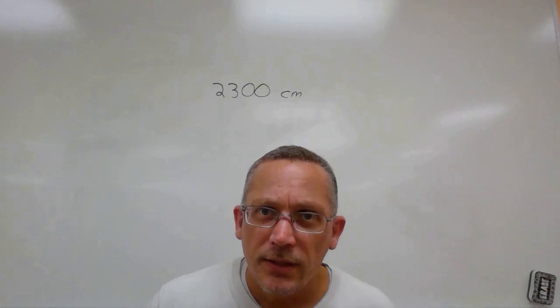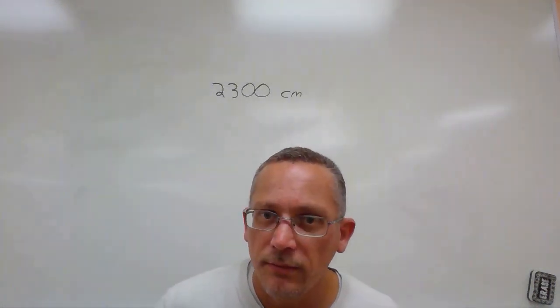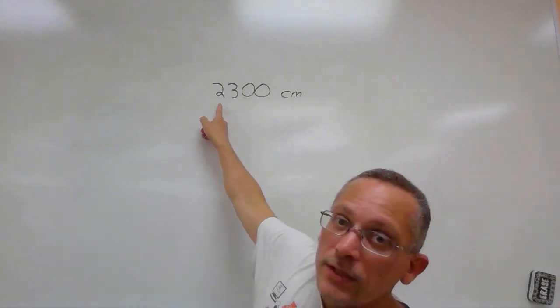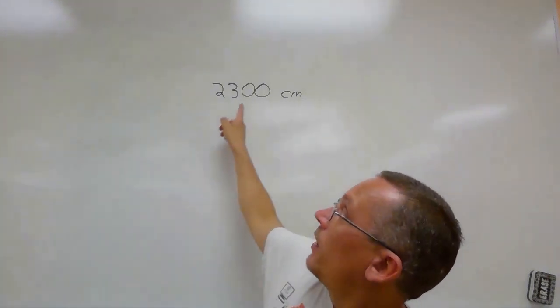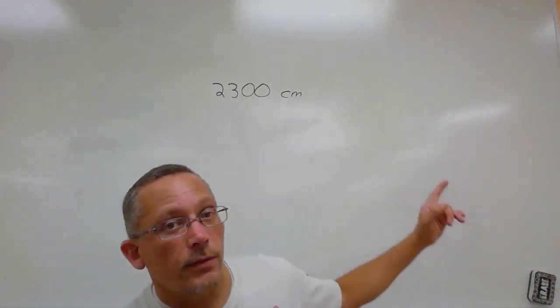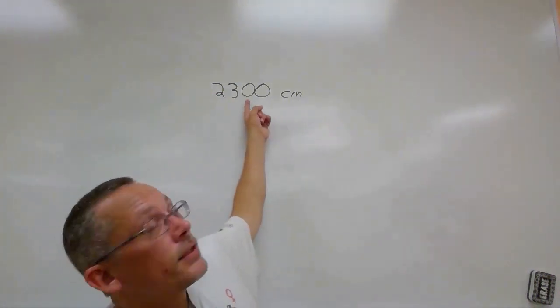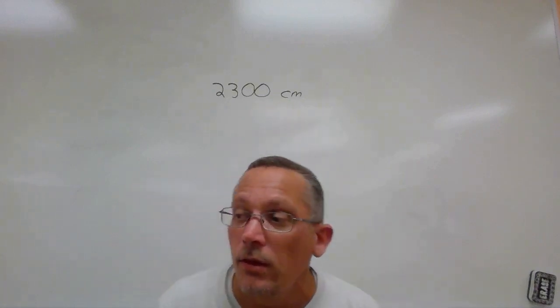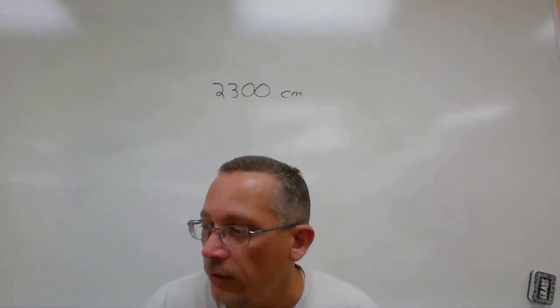What type of instrument did we use to measure this? Okay, did I use an instrument that measures to the 1,000 centimeters and then estimate the 3? Or did I use an instrument that measures to the tens of centimeters and then estimate the ones? Which way did I do it? Okay.